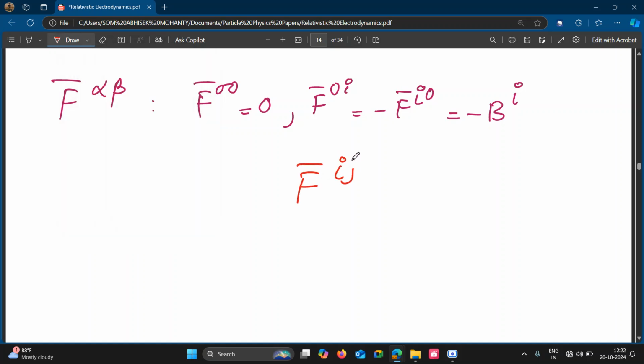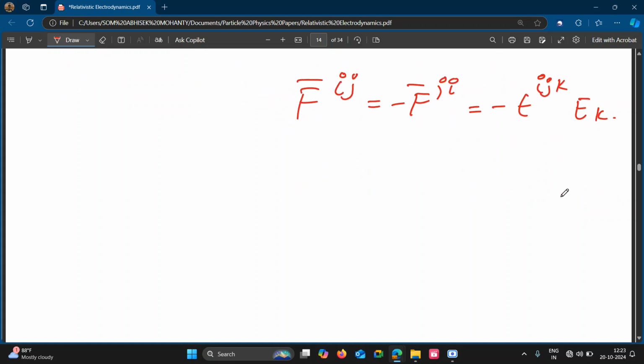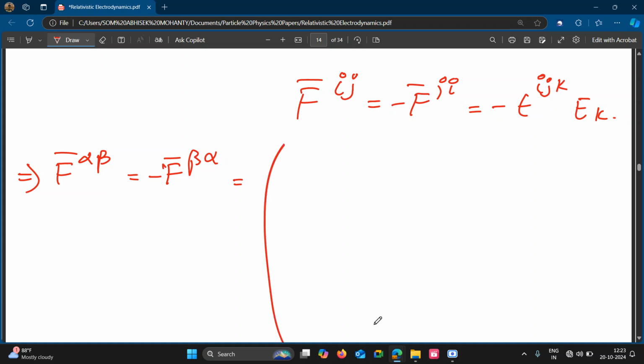F bar ij will be minus F bar ji, and this one will be an electric field term with epsilon ijk Ek. I hope you have understood that, so you can easily write this. F bar alpha beta is equal to minus F bar beta alpha, and all the diagonal elements are 0.